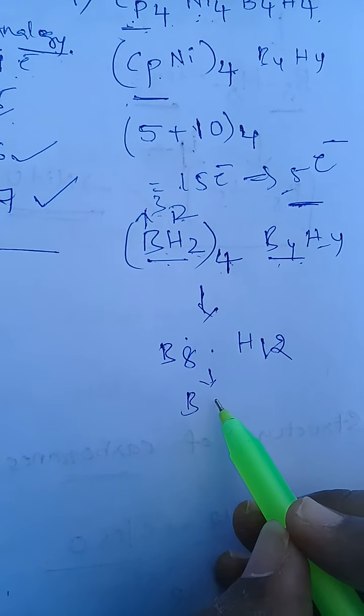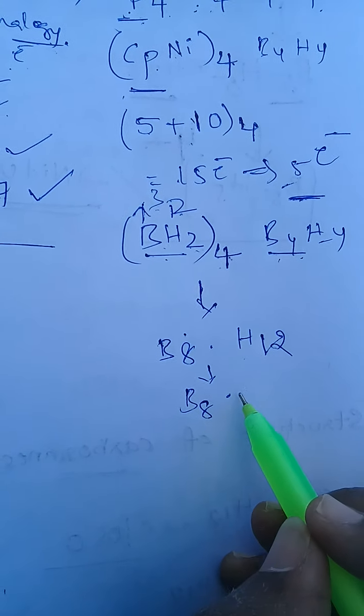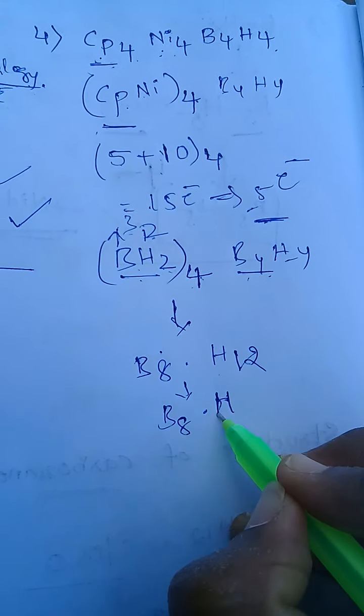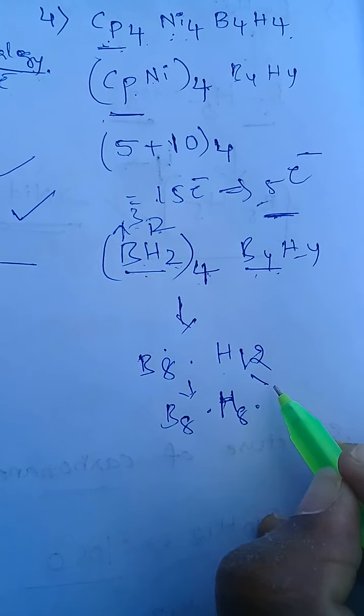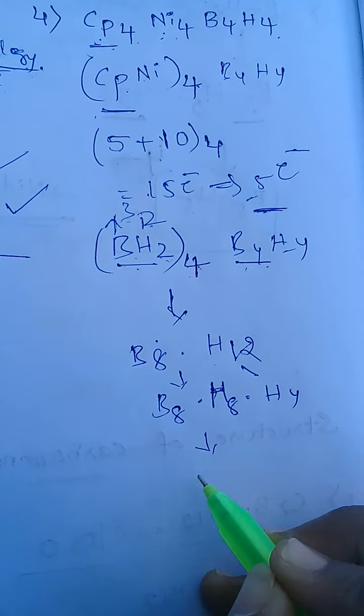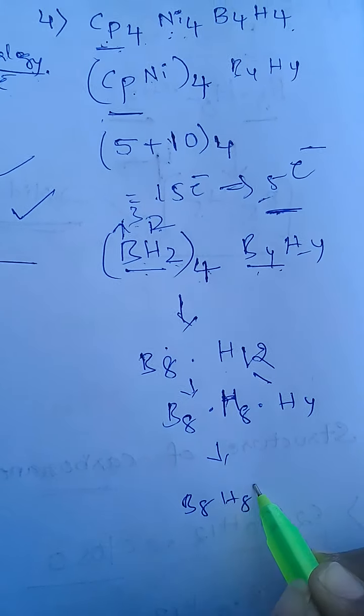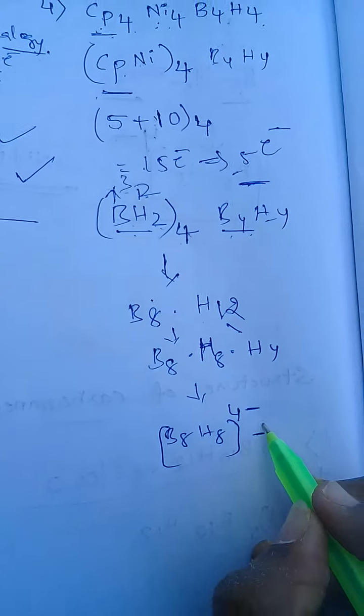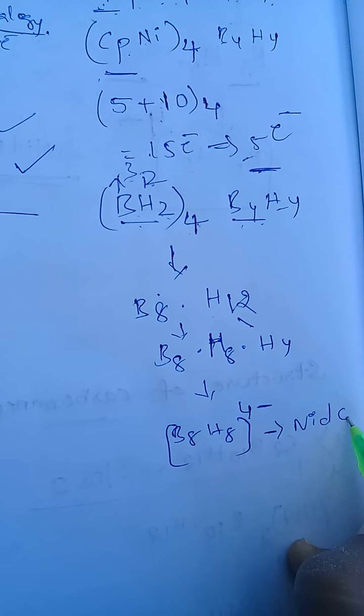In the next step we write hydrogens equal to borons, B8H8 and remaining hydrogens 4, so B8H8 4 minus. The structure is nido.